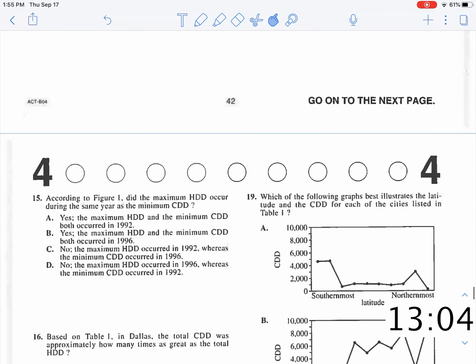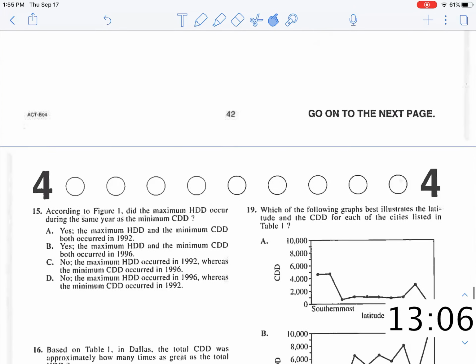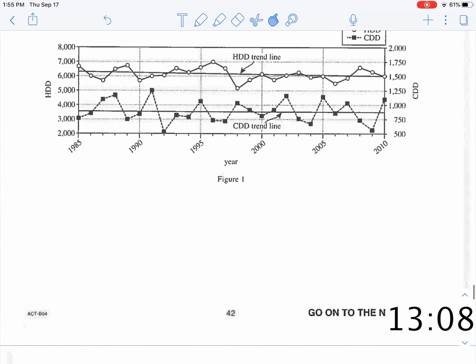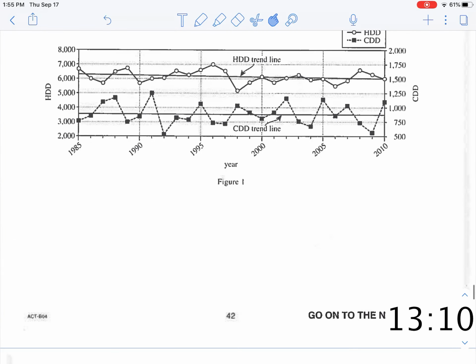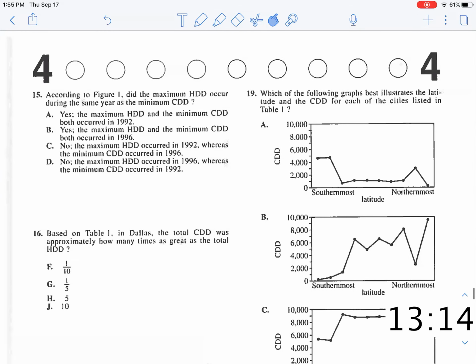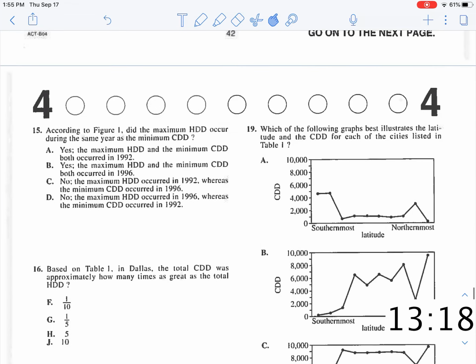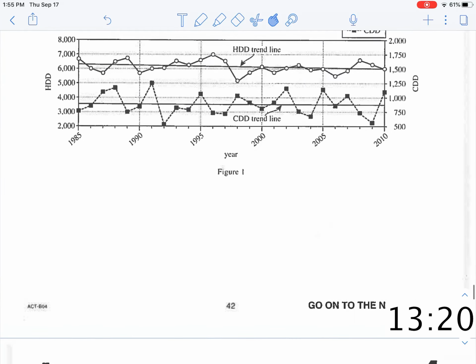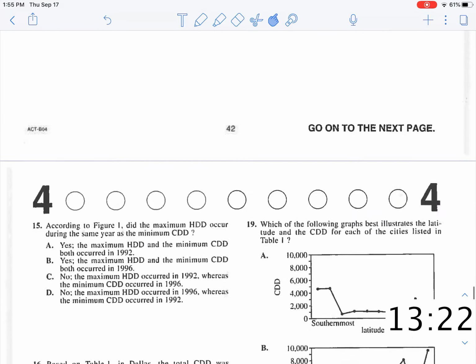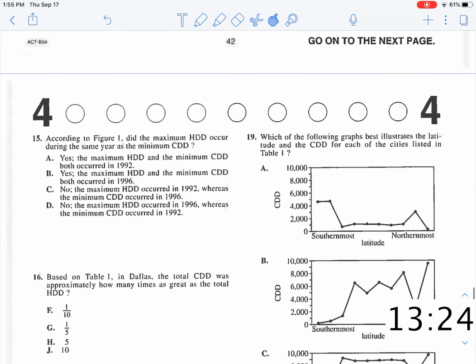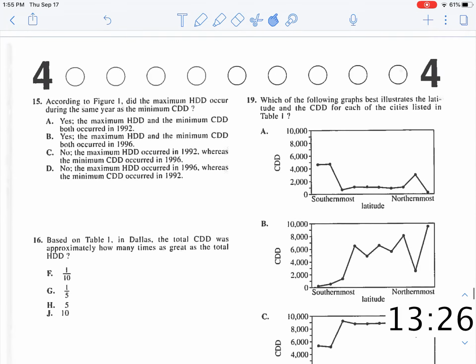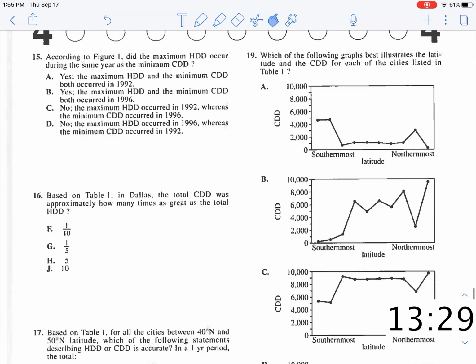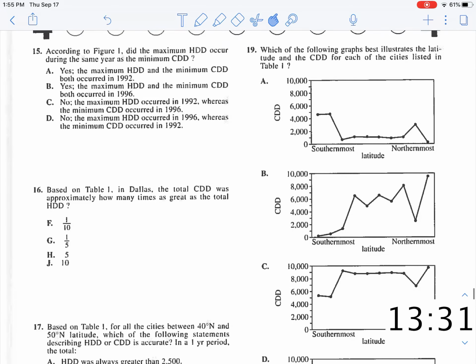According to figure 1, did the maximum HDD occur in the same year as minimum CDD? No. The max occurred in 1996, and the minimum CDD occurred in 1992. Yeah, that's D. Okay, based on table 1, in Dallas the total CDD was approximately how many times as great?